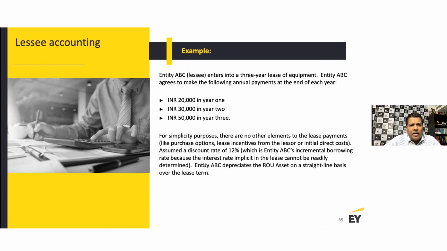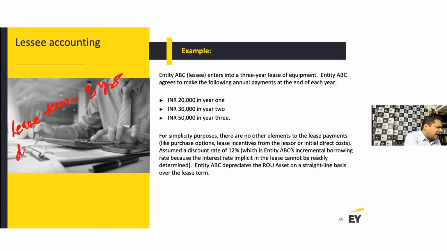Okay. Now, for simplicity purposes, there are no other elements to the lease payments. Assume a discount rate of 12%, which is my incremental borrowing rate. Entity ABC depreciates the ROU asset on a straight line basis over the lease term. Okay, so I've got several things, right? Lease term, 3 years.